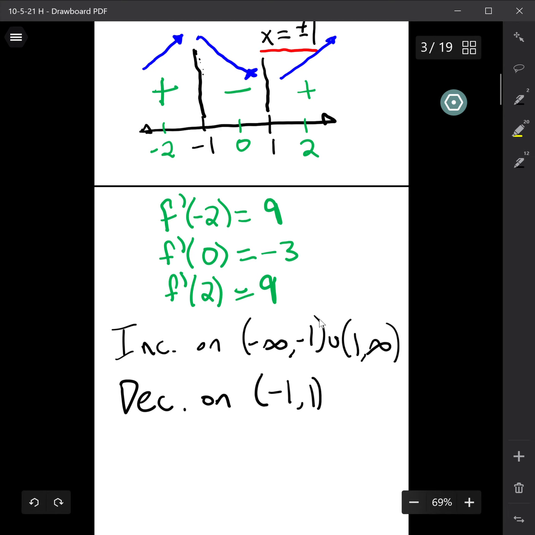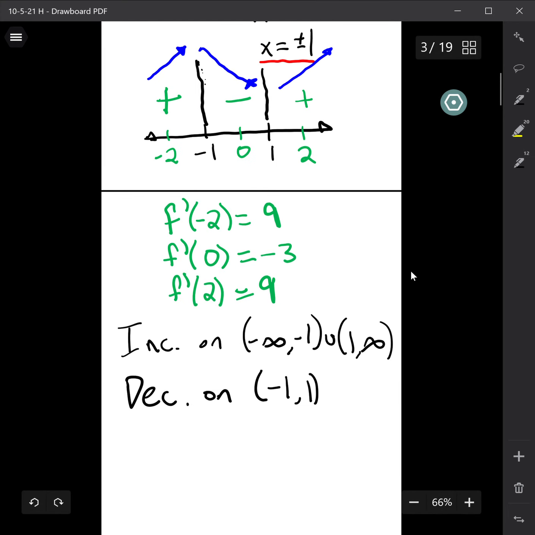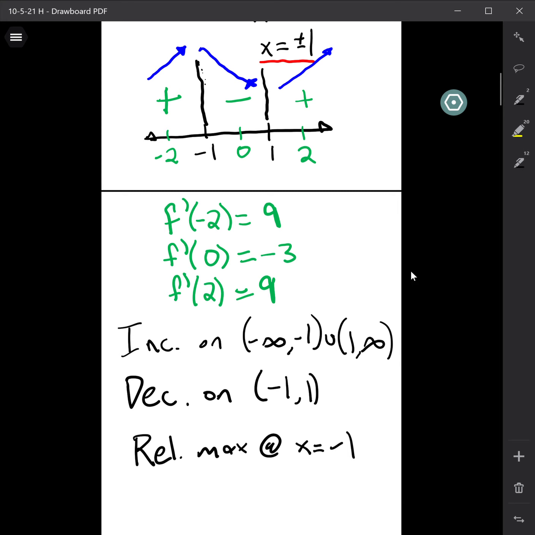Do we have any relative extrema? Well, it turns out we do. We're going to have a relative max at x equals negative 1, and the reason it occurs at negative 1 is notice that we go from increasing to decreasing at negative 1.